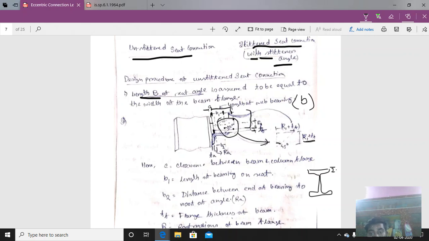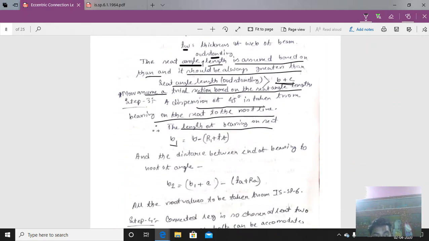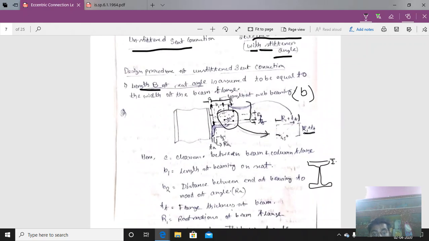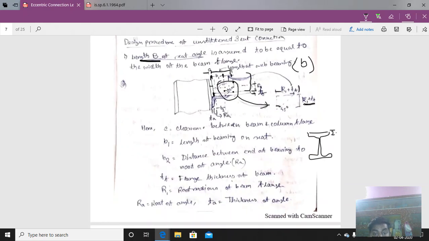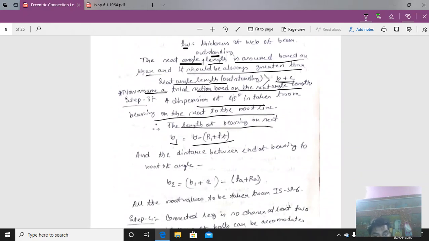So this is R1 plus TF, and this is also R1 plus TF, because it is a 45 degree angle. Because of that, the length of the web bearing B1 will be equal to B minus (R1 plus TF). We know R1 and TF from SP6, so we can determine R1 plus TF and subtract it from B to get the length of the bearing on seat. This is the first value, B1, to be calculated.